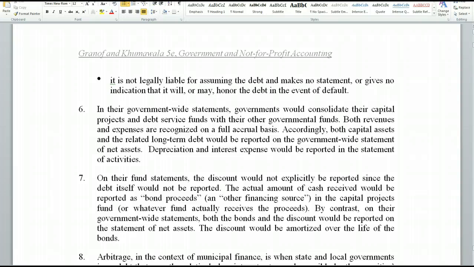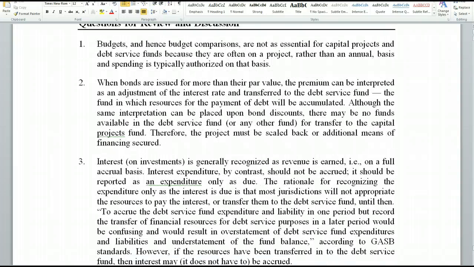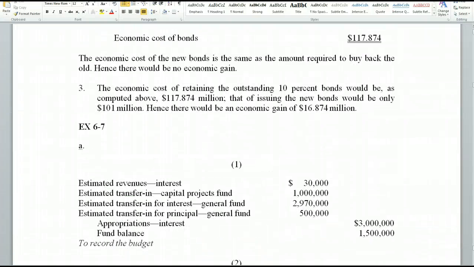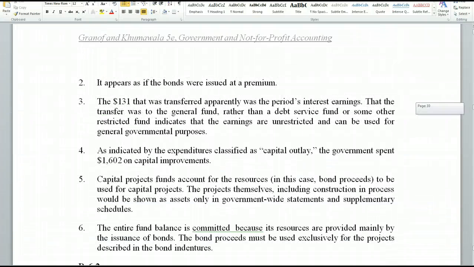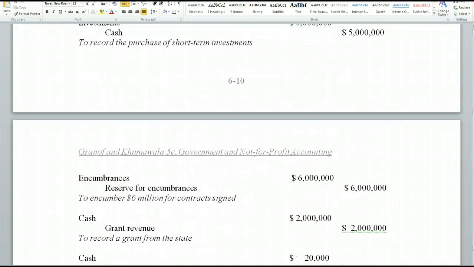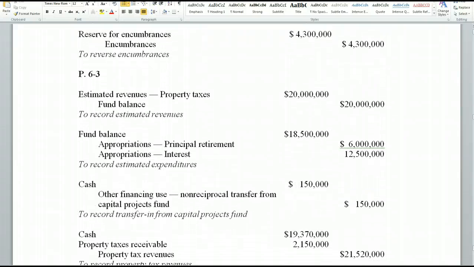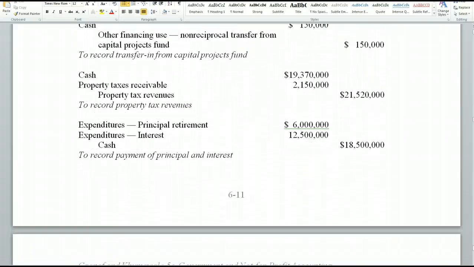Next, let's go back here and look at the next portion, I should say the next journal entry, which will be the expenditures.